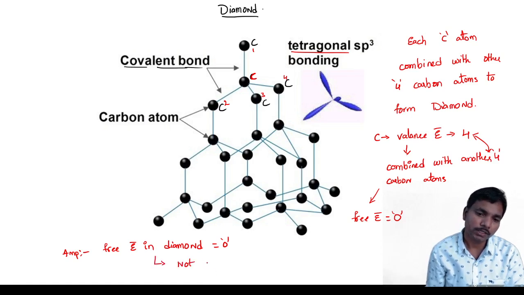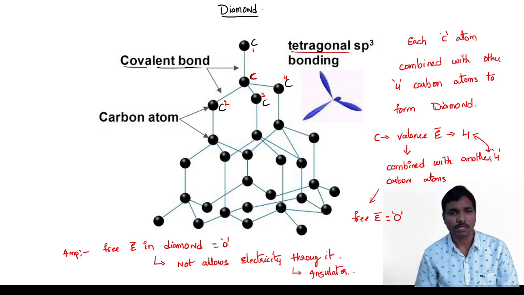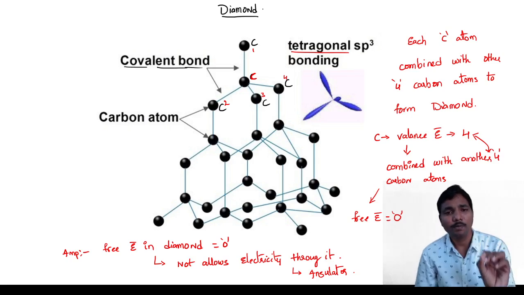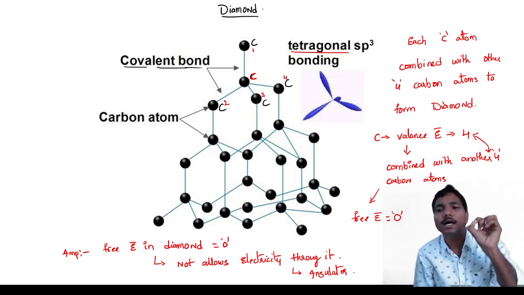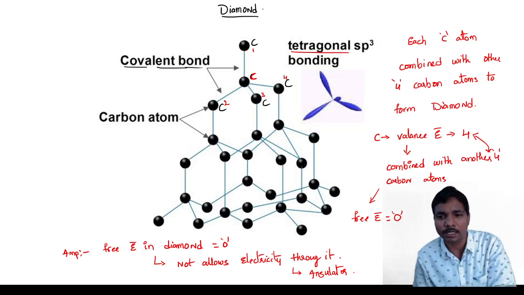Whenever the free electrons are 0, it does not allow electricity through it. So it is an insulator, the perfect insulator. In diamond, each carbon atom is combined with another 4 carbon atoms.